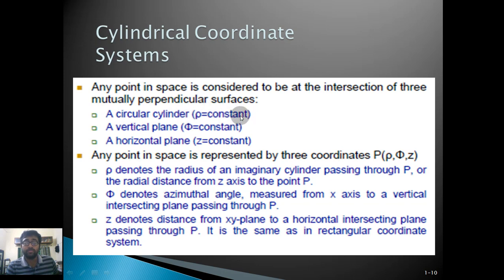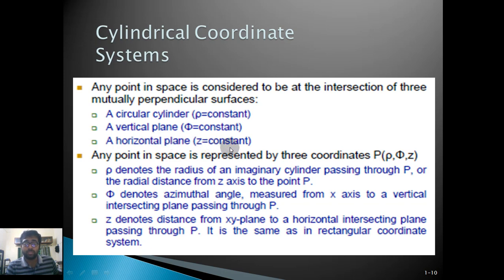Rho will define the radius, or the distance of the specific point from the center line of the cylinder. Then the vertical plane, where phi is equal to constant, and the horizontal plane, where z is constant.